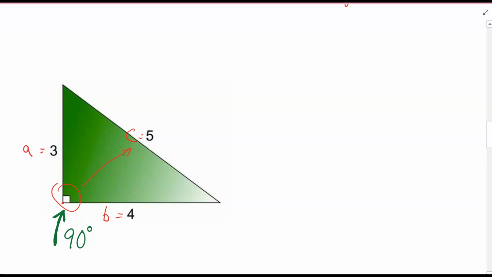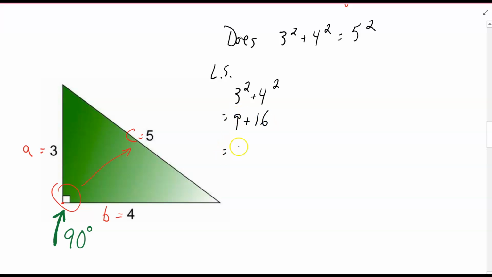So let's see if 3 squared plus 4 squared equals 5 squared. Well, left side: 3 squared plus 4 squared equals 9 plus 16, which equals 25, which is equivalent to 5 squared. And the right side is equal to 5 squared, which is equal to 25.